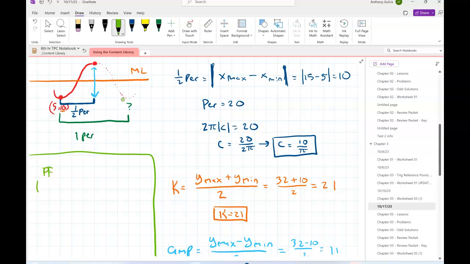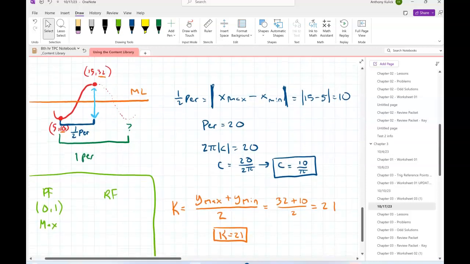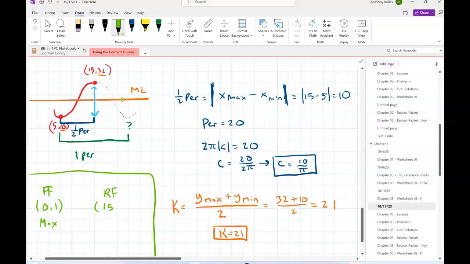Well, I know for my parent function we chose to be cosine. So when we do cosine, we're using the 0.01, which is a max. From our resultant function, I need an extreme point. I could use 510 as a minimum or 1532 as a maximum. It doesn't really matter. Each one is doable. I'm going to choose to use the maximum.